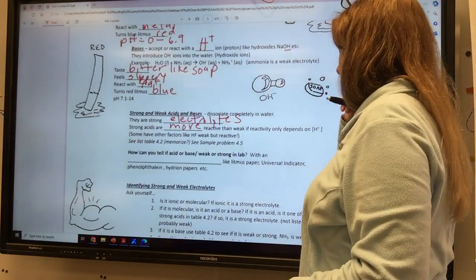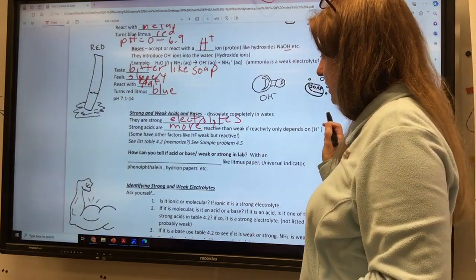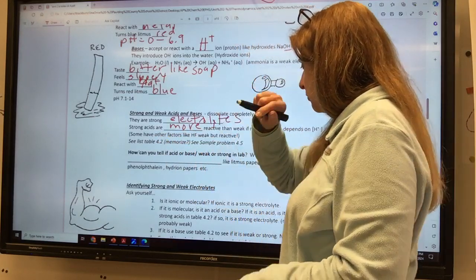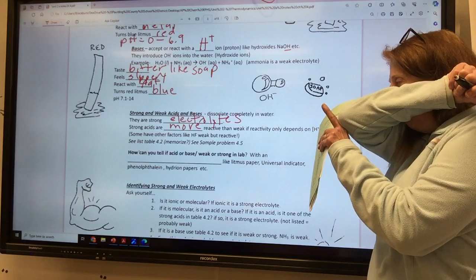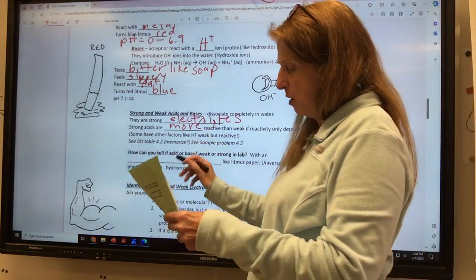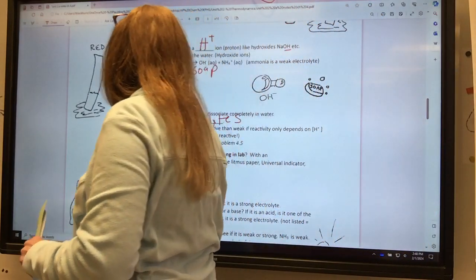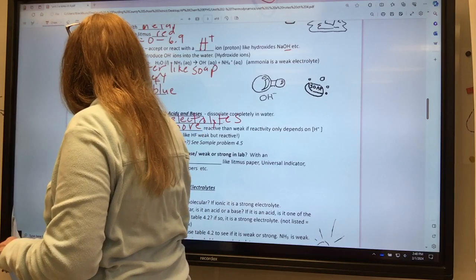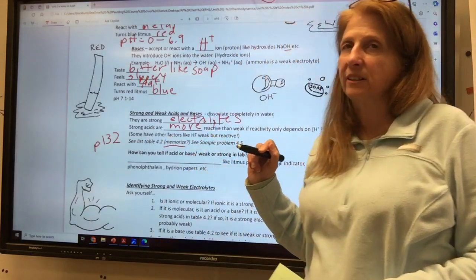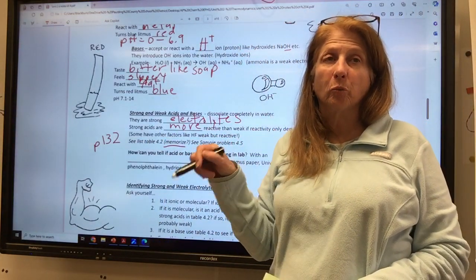However, that only holds if it depends just on the concentration of the hydrogen ion, because with other factors, hydrofluoric acid is a weak acid but super reactive because fluorine is really reactive. So there's a table in your book, and I think you need to memorize what is a strong acid. Look on page 132, there's a list of 7 strong acids that you need to memorize, and if it's not one of those, you can just assume it's weak.